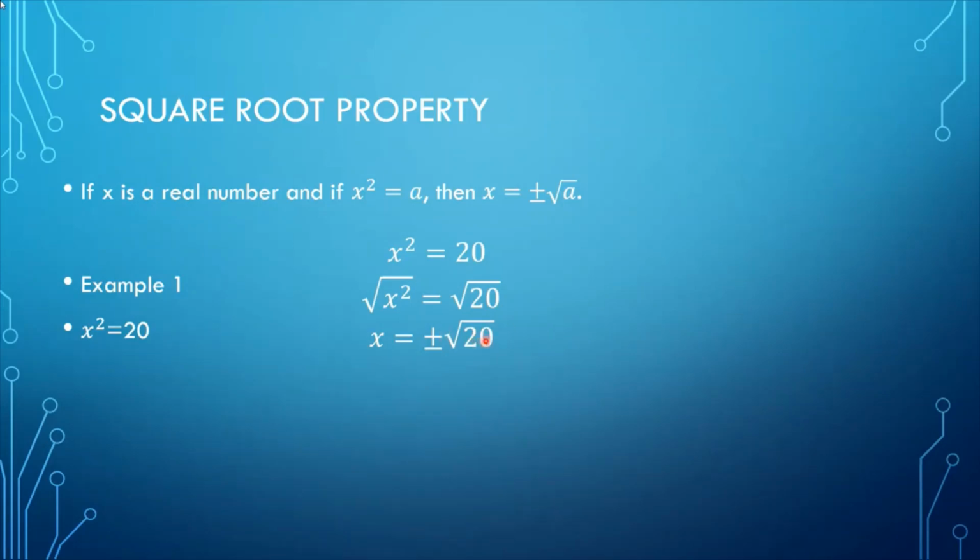I can take the 20 and split it up as 4 and 5. Take the square root of each of these. Square root of 4 is 2. Square root of 5 is square root of 5. So I have x equals plus or minus 2 square root of 5. That would be our solutions, a positive 2 square root of 5 or negative 2 square root of 5.